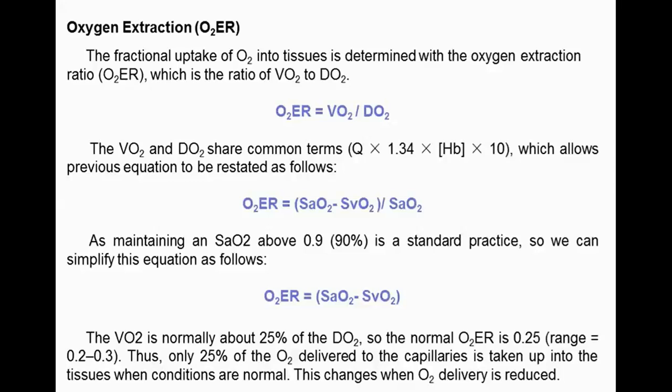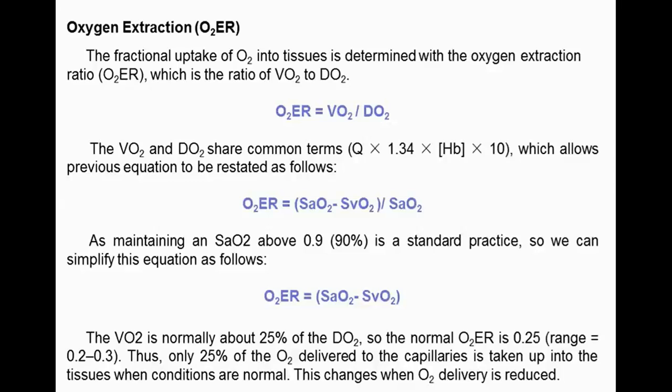As we said, if we put both equations together, let's start with DO2. What are the parameters of DO2? The cardiac output, 1.34, the hemoglobin, the 10 to convert to liters, and the arterial saturation.